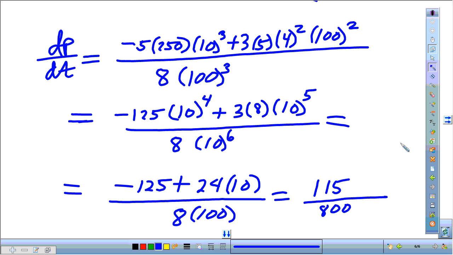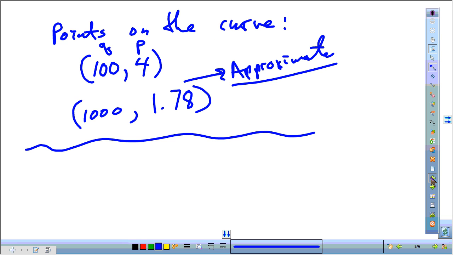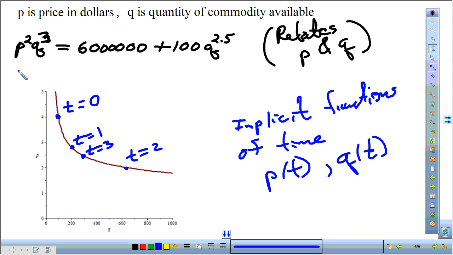So related rates. We start with a setting where we have a relationship between values, in this case P and Q. No T mentioned, but in the real setting, they usually both depend on time. They both change as time changes.